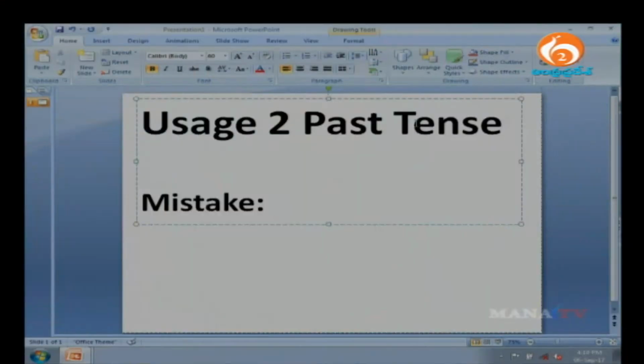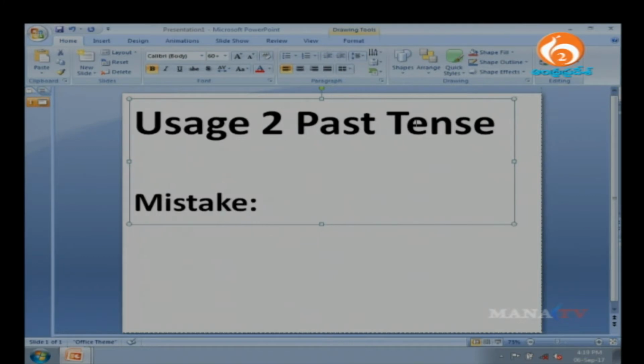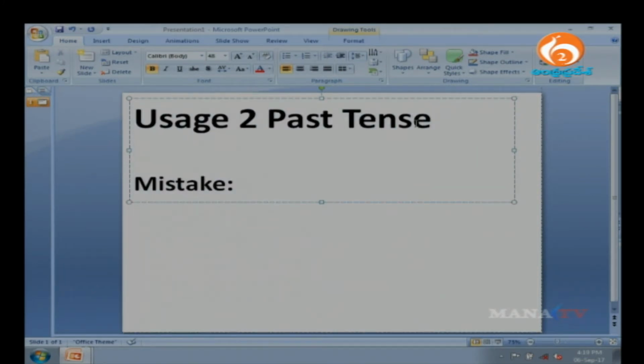There are certainly rules, for example, in terms of usage of two past tenses. The mistake that we commonly make here is, I didn't knew.